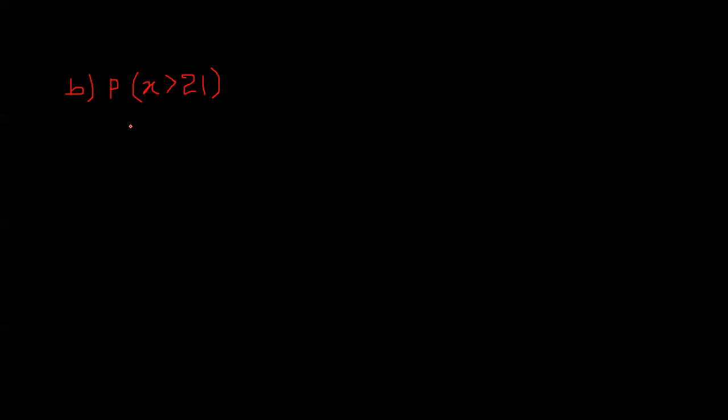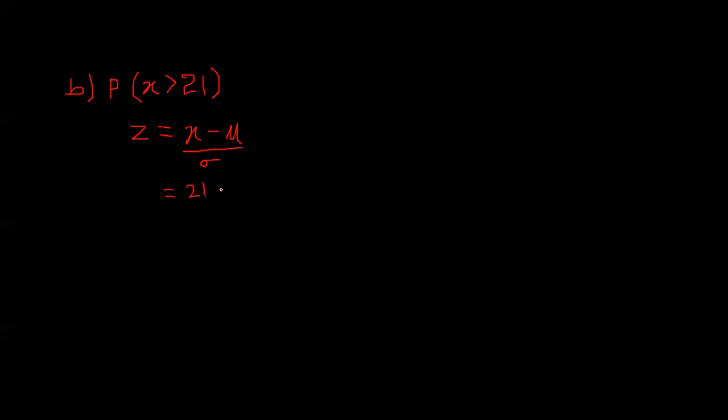Again, when you refer to the formula for normal distribution, Z is equal to X minus mu, divided by sigma. So now, the X value here is 21.